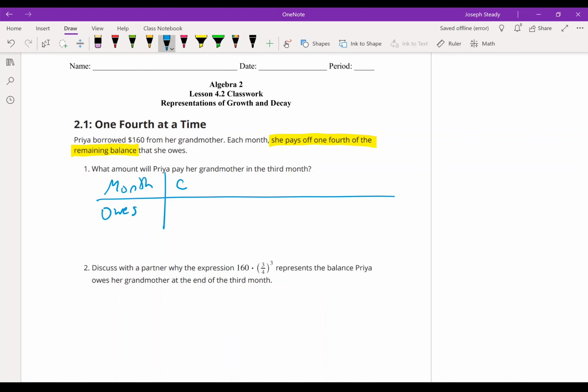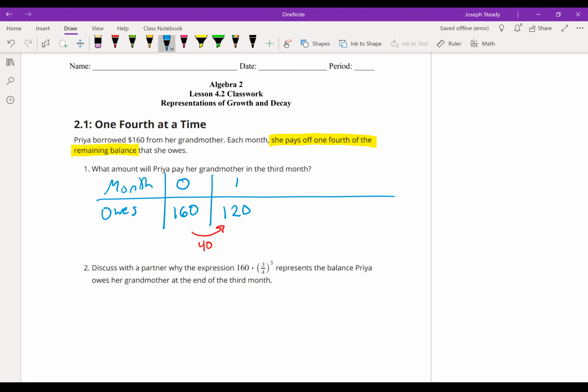So let's think about this. At the beginning, after 0 months have passed, she owes $160. Well, she's going to pay off 1/4 of that in the first month. So she's going to pay $40, which means that after 1 month has passed, she now only owes $120.